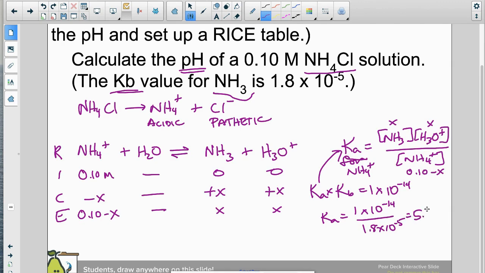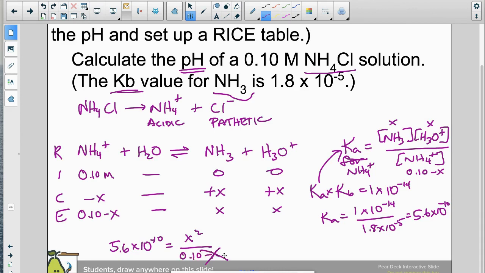And we get 5.6 times 10 to the minus 10. So this is the value that we need to stick in for Ka. Okay, so be careful, right? This is from the viewpoint of the conjugate acid reacting with water. So 5.6 times 10 to the minus 10 equals x squared over 0.1 minus x.